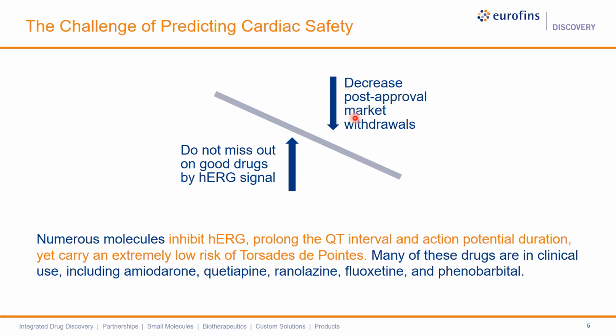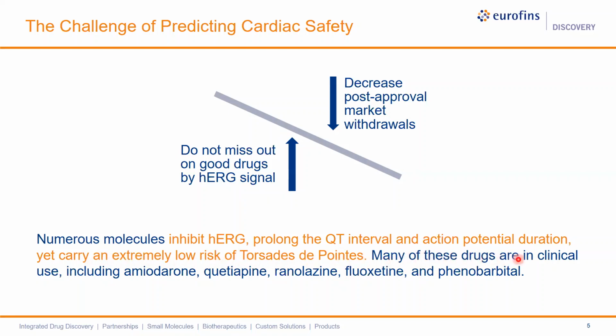So you don't want to spend that much money and then withdraw the drug after bringing it to market. That is money and time wasted. The other thing is that you don't want to miss out on good drugs because of the hERG signal. Why do we say that? There are numerous molecules that block hERG and prolong the QT interval and action potential duration, yet carry an extremely low risk of torsades.